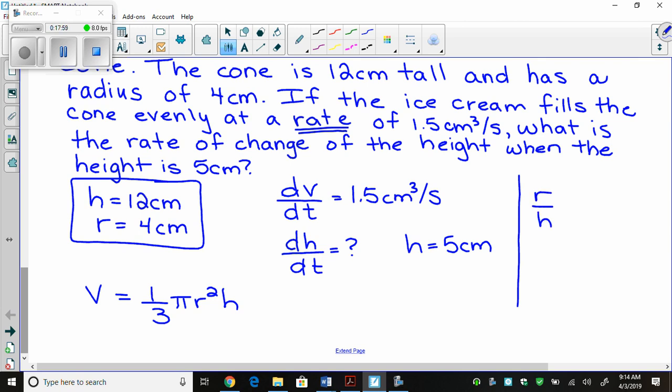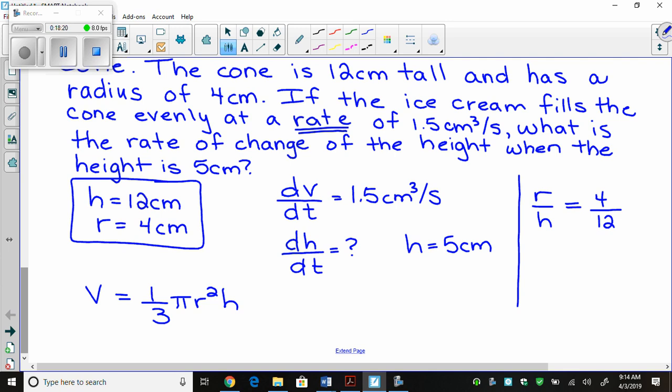It does not matter. What matters is that on the other side of the equal sign, if you have r on the top, you have to have the actual radius on the top. So r over h equals 4 over 12. If you went h over r, it would be 12 over 4. That's the only difference.